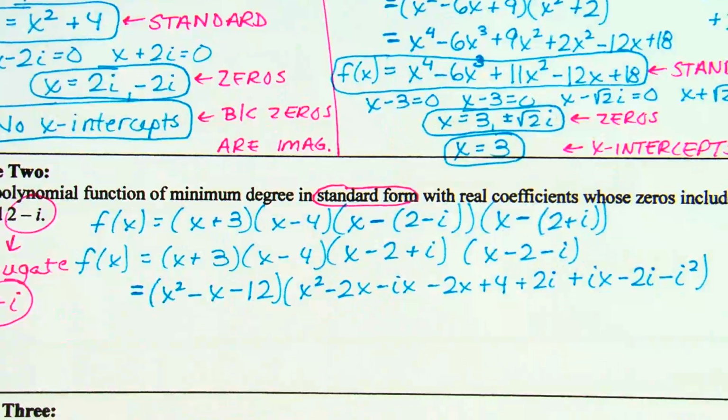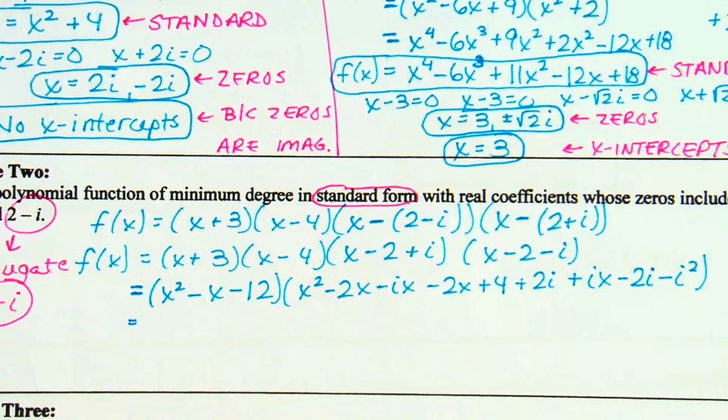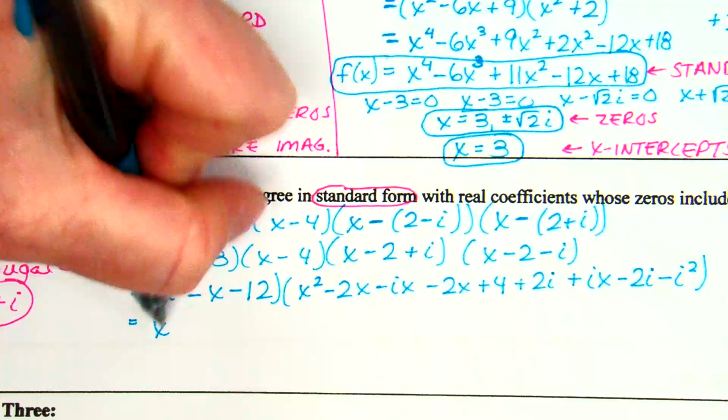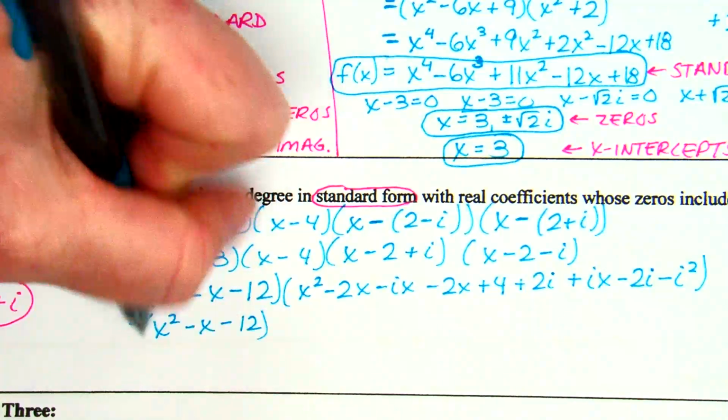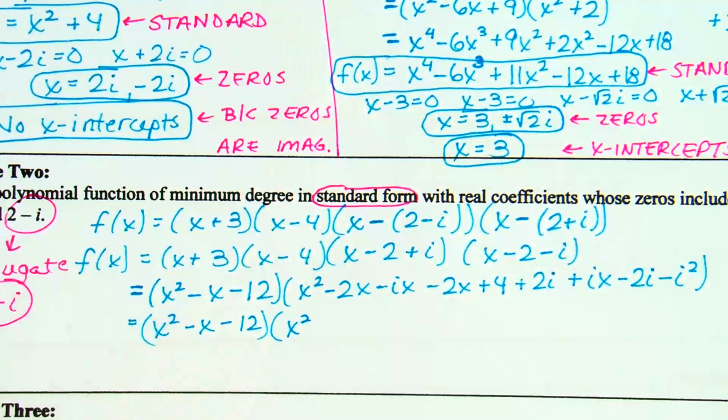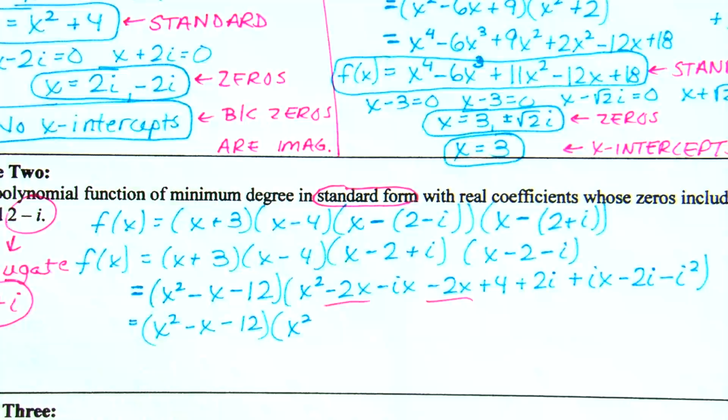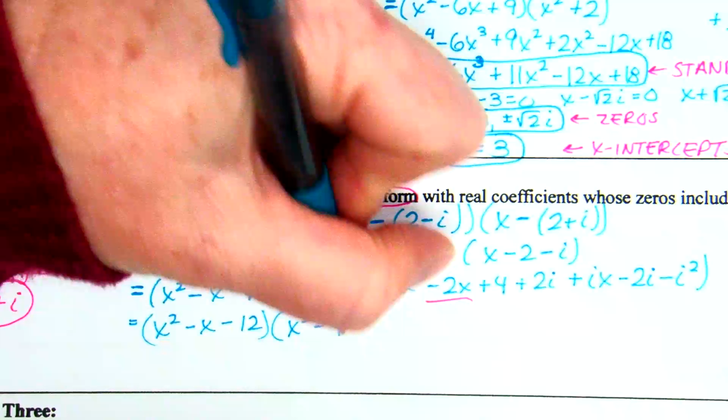Okay, I'm going to keep my first trinomial. I'm not going to do any more multiplying until I clean up that mess there at the right. So I'm going to keep x squared minus x minus 12. Okay, cleaning up. x squared, I believe, stays x squared. Minus 2x goes with minus 2x and is minus 4x.